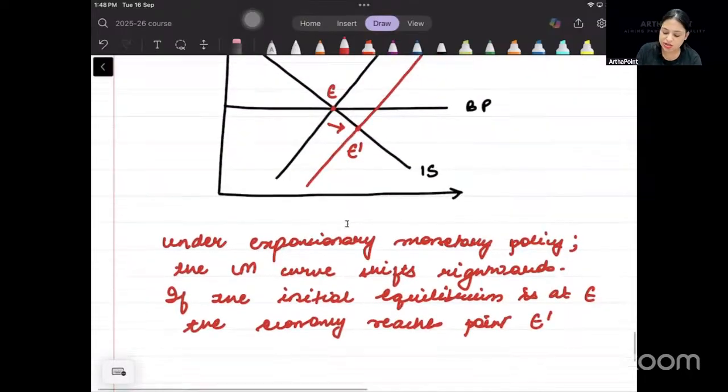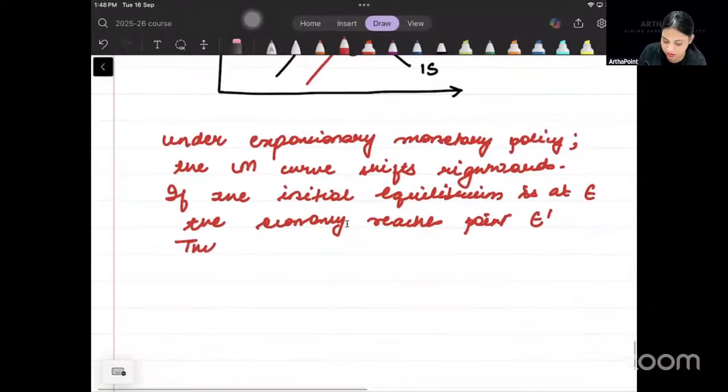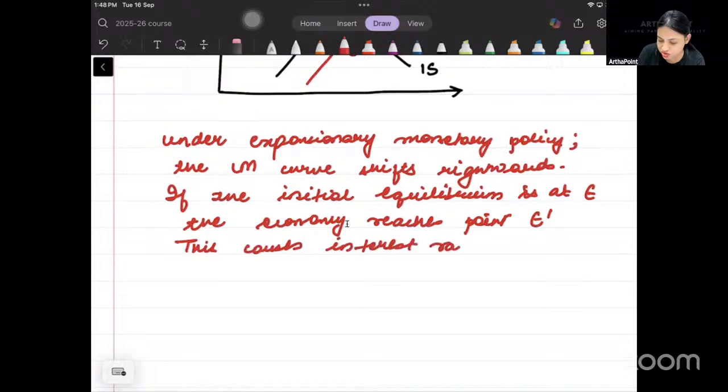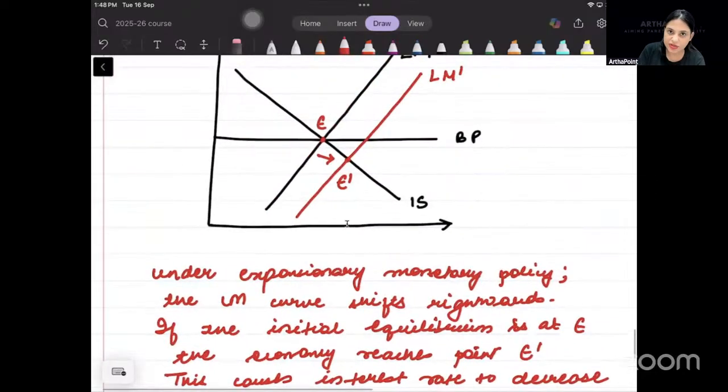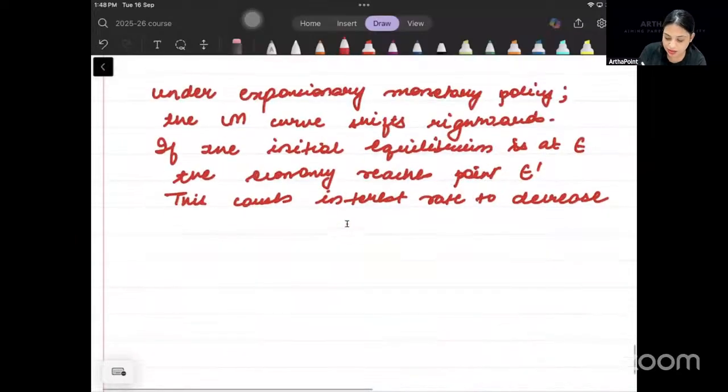This causes the interest rate to decrease.